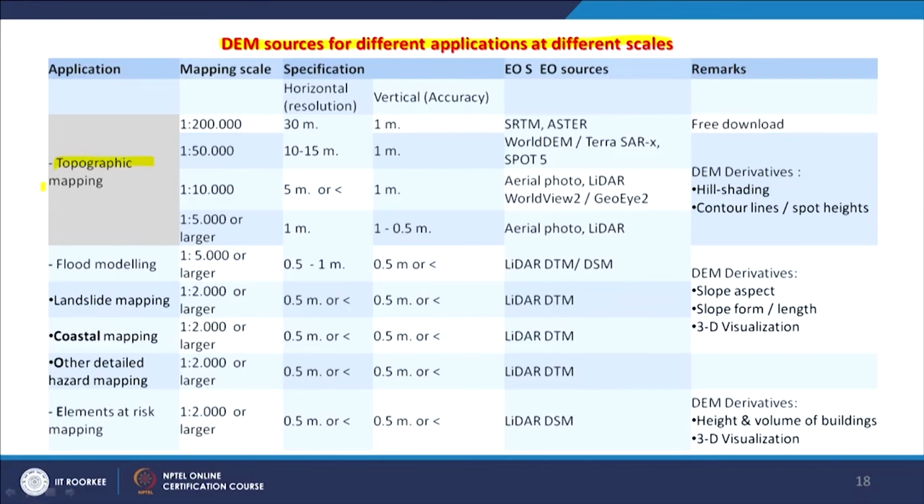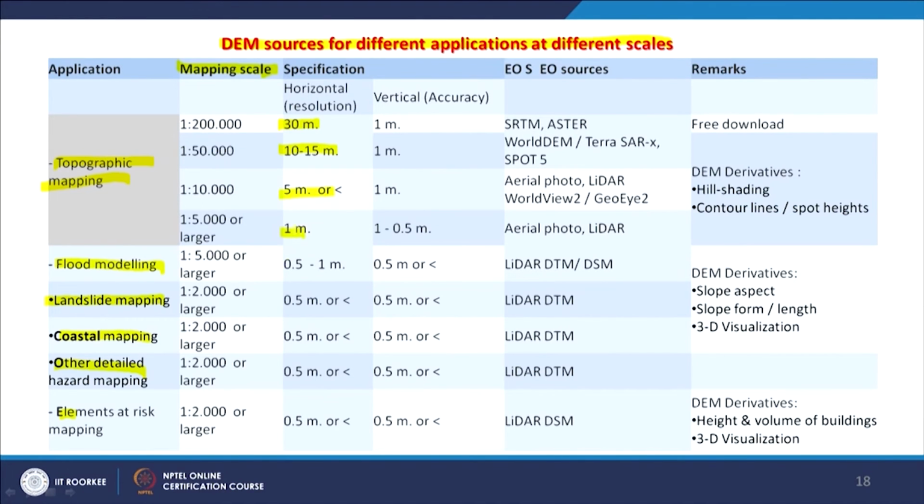Topographic based maps I have already discussed, and there are some solutions available which can be used for flood modeling, landslide mapping, coastal mapping and so on. So it depends on what scale you are going to work and what your target is. Accordingly, you can choose the scale and also the spatial resolution.